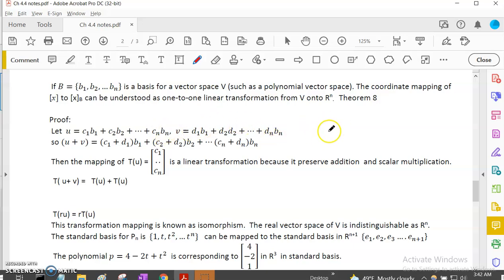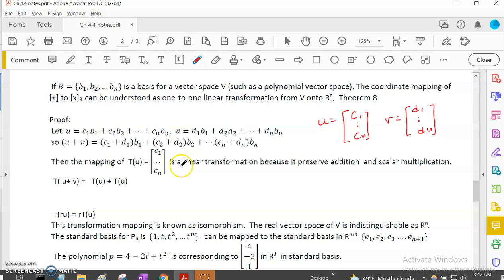So the coordinate mapping means instead of writing it this way, I can write U as a vector, the coordinate mapping of C1 to Cn, and V as corresponding to a vector in Rn as D1 to Dn. Okay, so now by vector addition, U plus V would be adding, or the scalar multiplication.